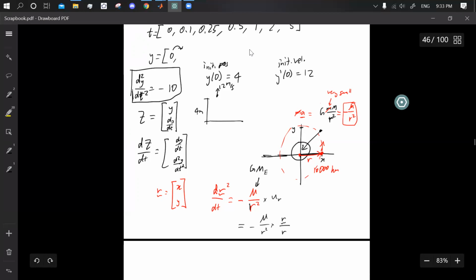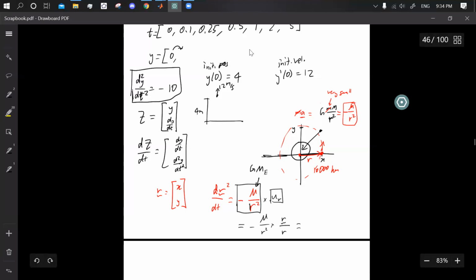It's scaled down, so whatever r is, say 10,000 kilometers, you want the same direction but a unit scale. That way it doesn't add any length, because this is the magnitude and this is the direction. Whatever magnitude r has, you cancel that out, and only the direction stays. That's the way I think about this.